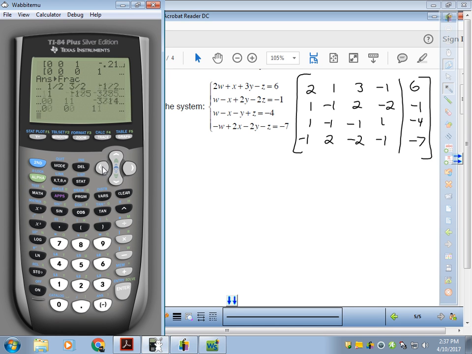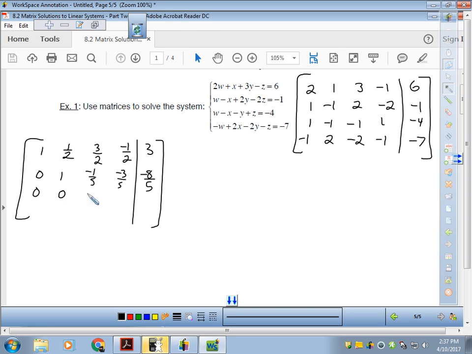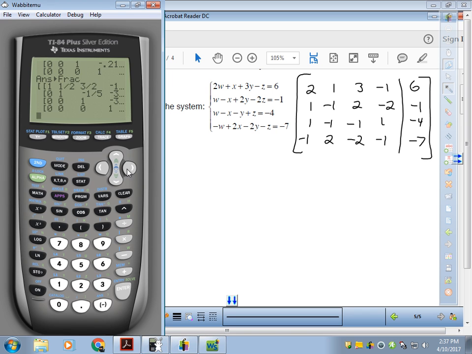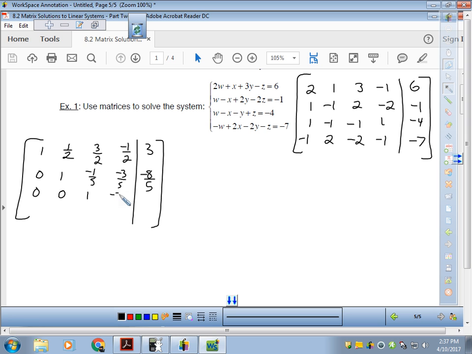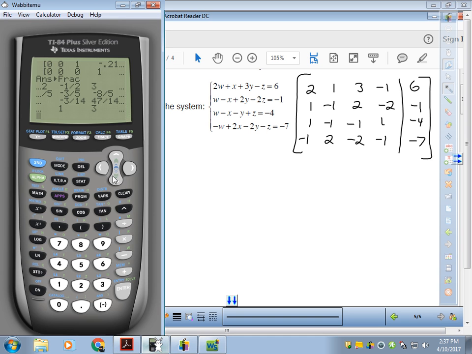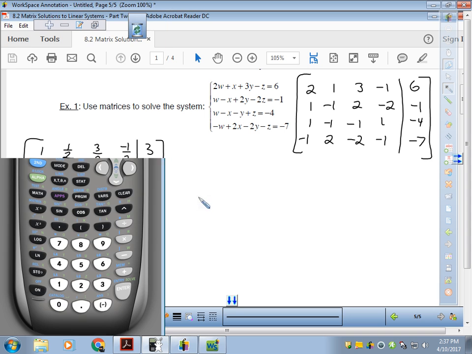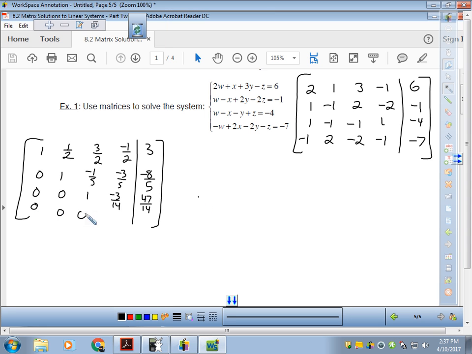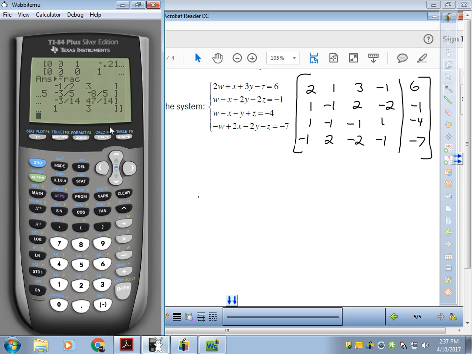On row 3, 0, 0, 1, negative 3/14, and 47/14. And then our last one, we got 0, 0, 0, 1, and the last number is 3.